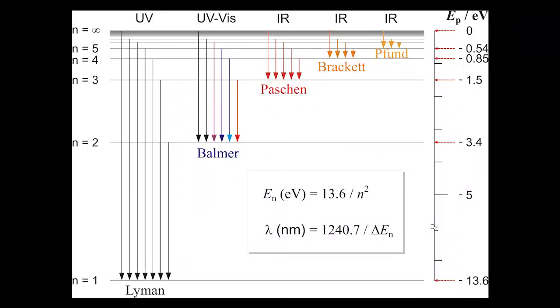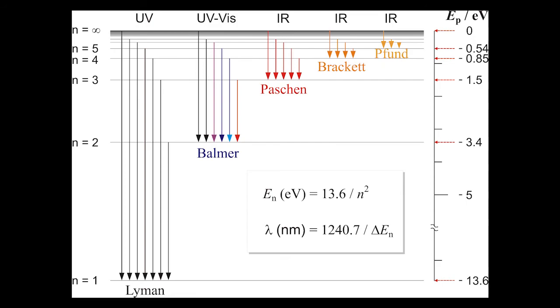So here are all the jumps and all of the series at once. We have the Lyman series on the left, which are ultraviolet, represented in black because you can't see them. The Balmer series, which are our visible spectrum. The Paschen, which are our infrared, which are also not visible.